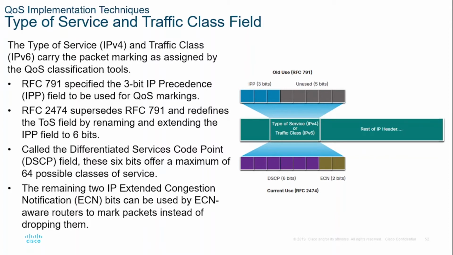These 6 bits offer a maximum of 64 possible classes of service, and the remaining 2 IP explicit congestion notification or ECN bits can be used by ECN aware routers to mark packets instead of dropping them. The ECN marking informs downstream routers that there is congestion in the packet flow.